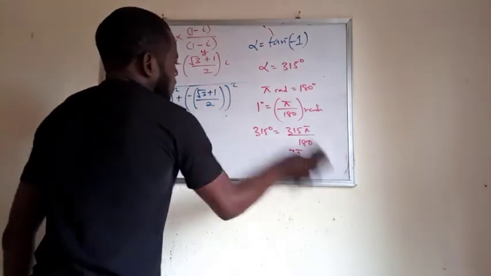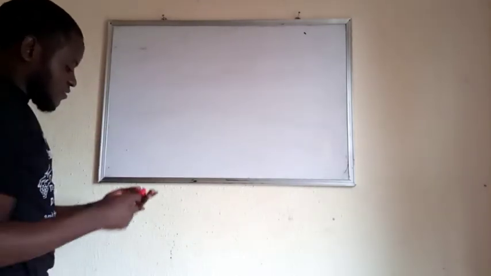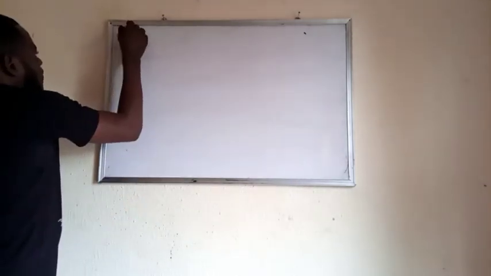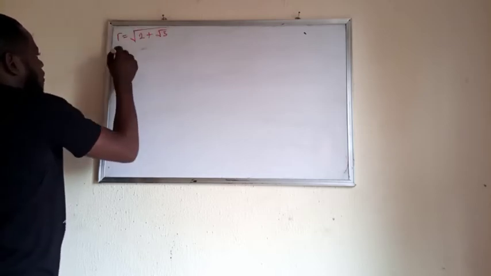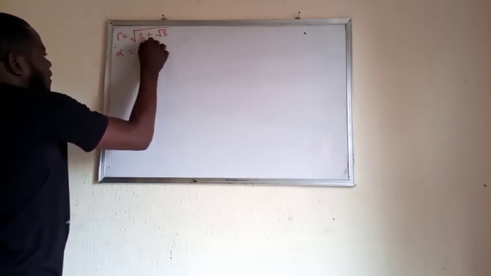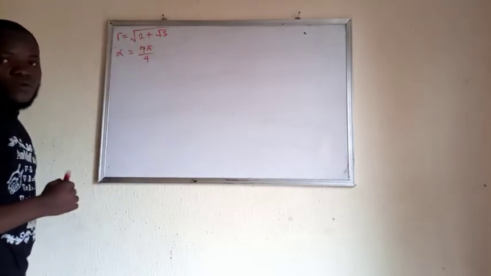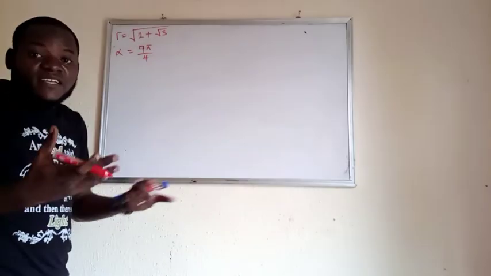Okay? So we can move on now. Since we've known the value of R to be the square root of 2 plus root 3, we have known the value of alpha to be 7 pi all over 4. Now, the fourth root of the complex number z.